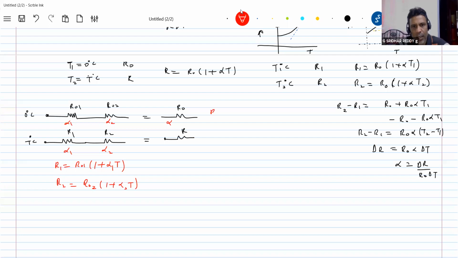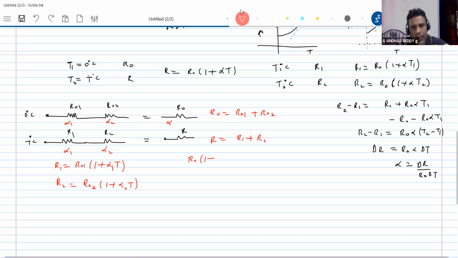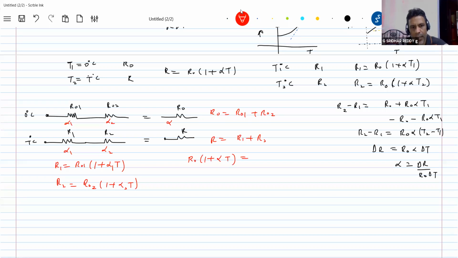What is R0? R0 should be equal to R01 plus R02, no? And R should be equal to R1 plus R2. So I'll equate them. R is equal to R0 (1 plus alpha T), which equals R01 (1 plus alpha 1 T) plus R02 (1 plus alpha 2 T).